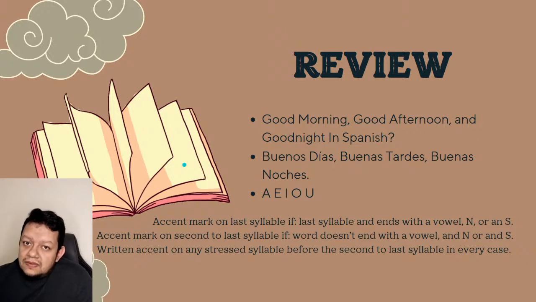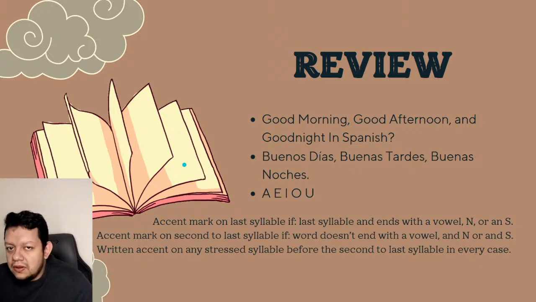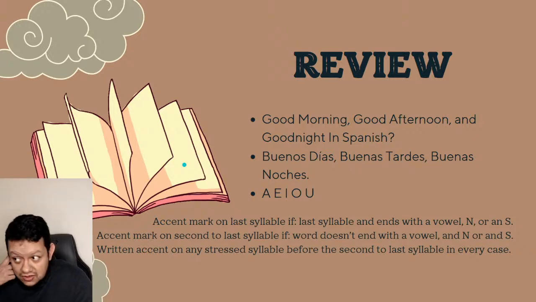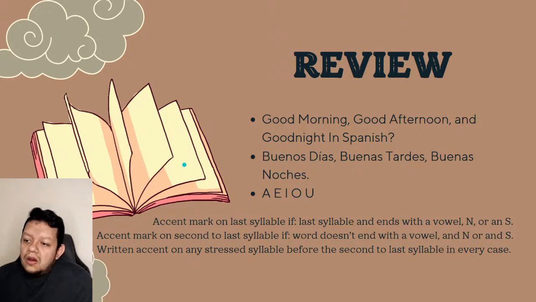So if there's a really long word, three or four syllables long, and the word is stressed before the second to last syllable, then you will have to write it in every case. It doesn't matter whether it ends in an N, an S, or a vowel, you have to write it down.